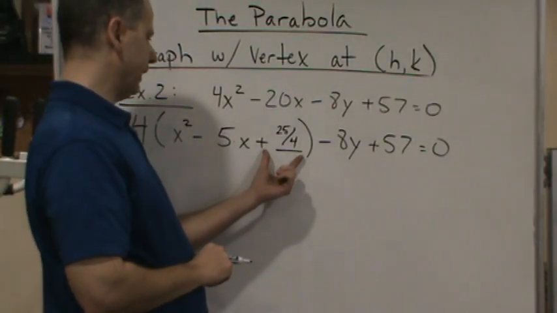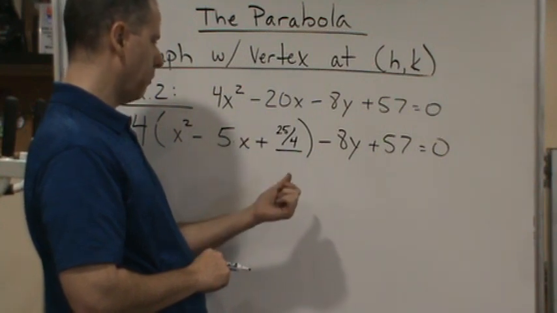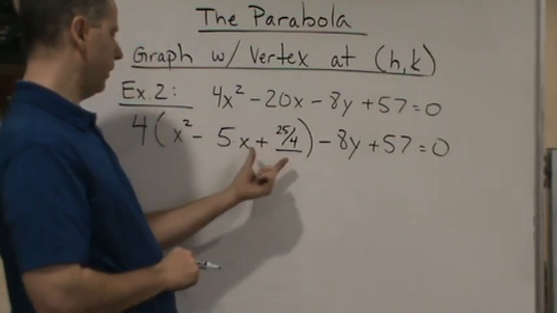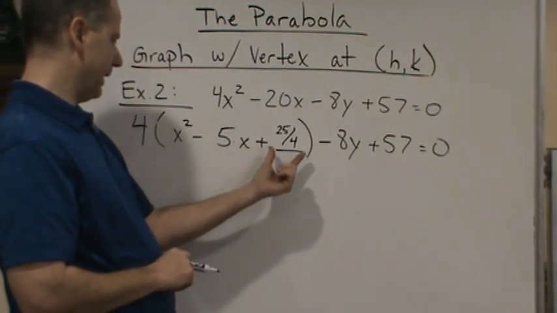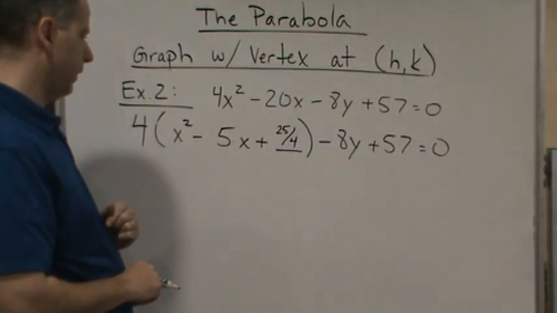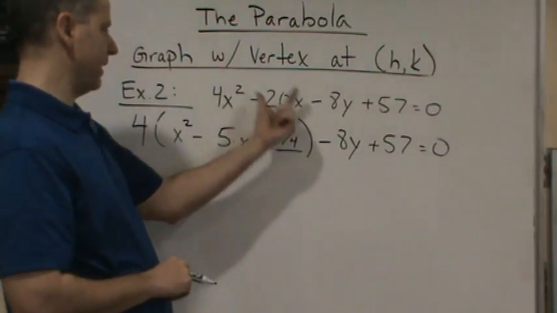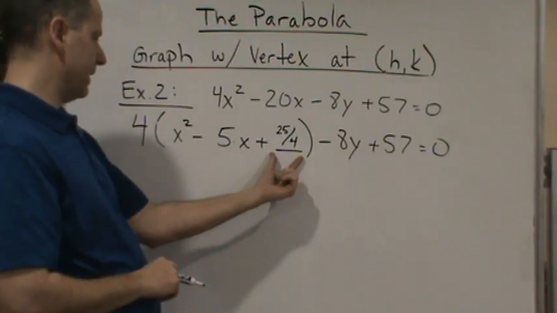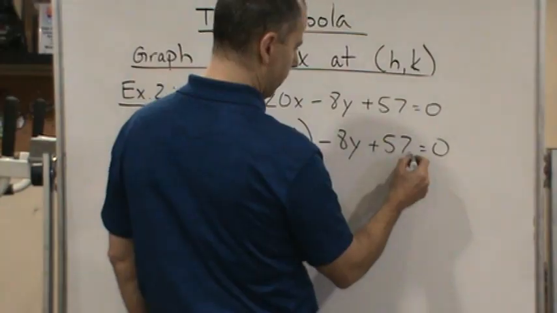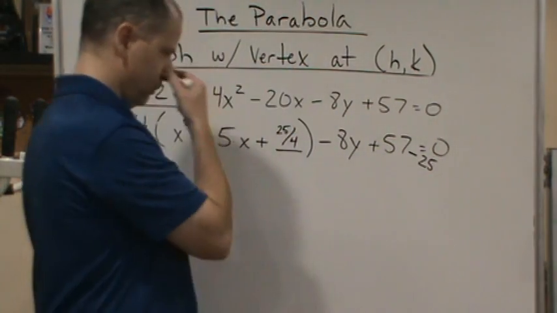Again, whatever I add in here, I also have to subtract. But what am I really adding? I'm adding this times 4, because remember the distributive property, okay? So what I'm actually adding on this side of the equation is 4 times 25 fourths, which is 25. So I'm going to subtract 25 over here.